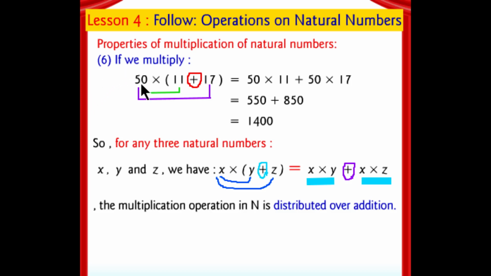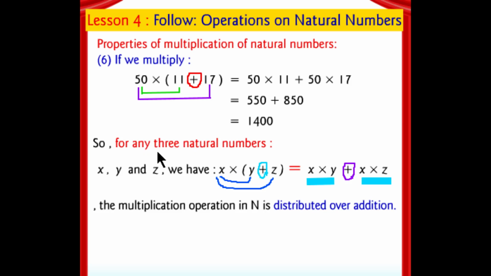6. If we multiply 50 times 11 plus 17 between two brackets, that means 50 times 11 plus 50 times 17. 50 times 11 equals 550, right? Plus 50 times 17 equals 850. 550 plus 850 equals 1400.